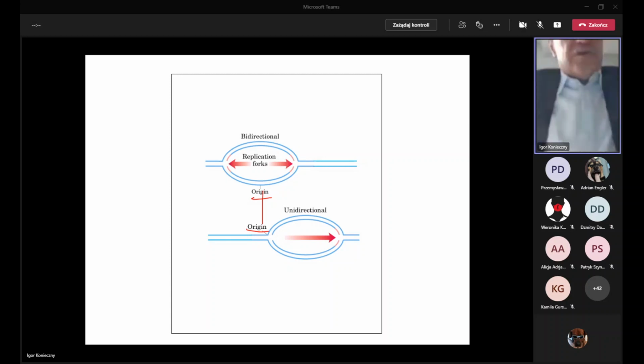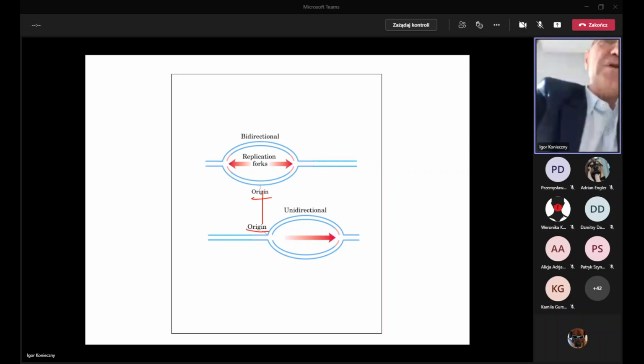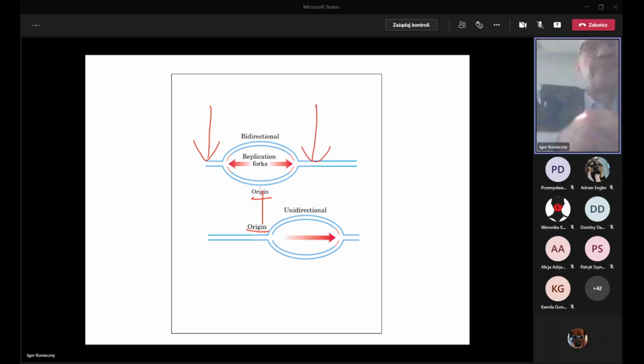So if you think about this concept, you can use restriction enzymes and cut the DNA over there, and over there. In bidirectional replication, first of all, you will have landmarks.